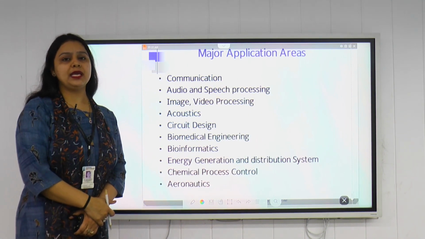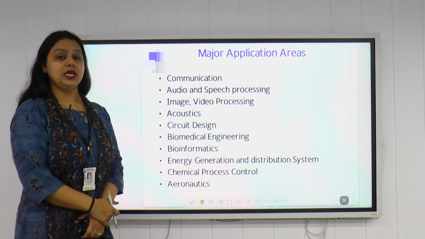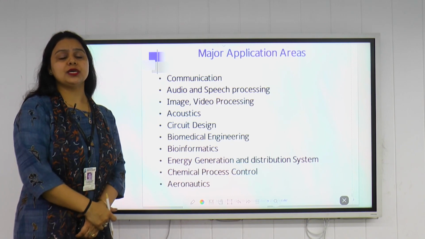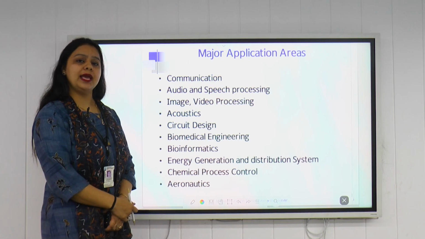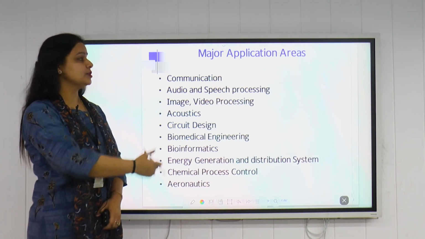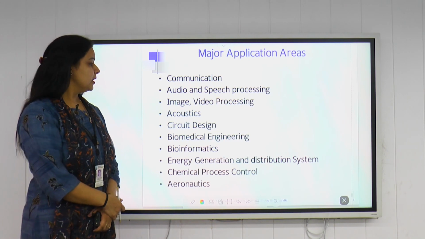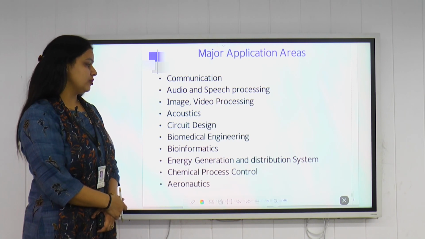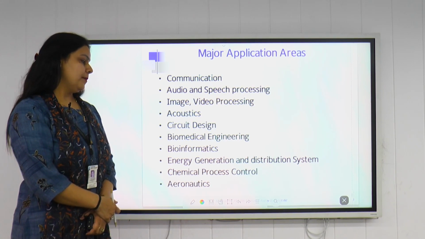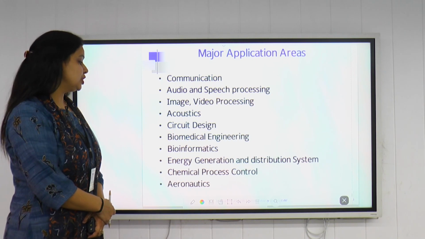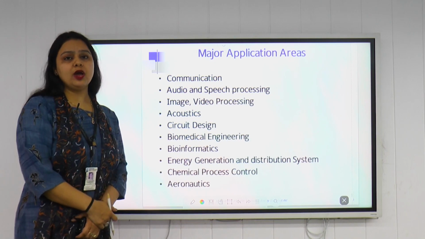Starting with the major application area, firstly we need to know what we mean by communication, why we are using the signal systems. Basically, these are the major application areas for using signal systems. First one is communication, audio and speech processing, image video processing, acoustic signals, circuit designing, biomedical engineering, bioinformatics, energy generation and distribution system, chemical process control, then we have aeronautics.